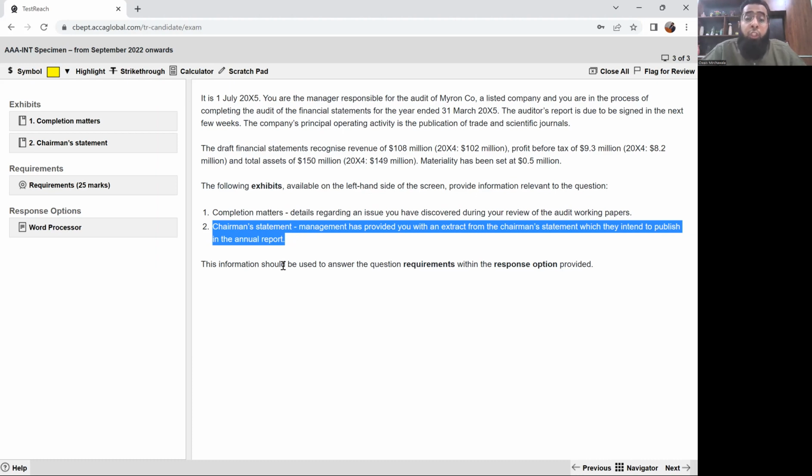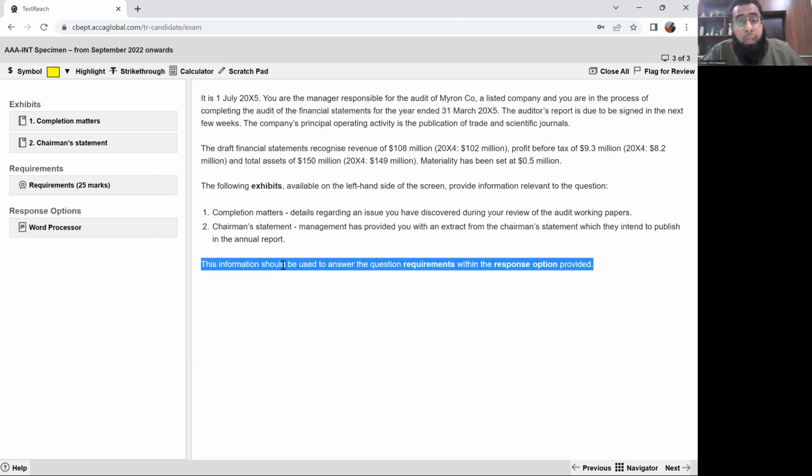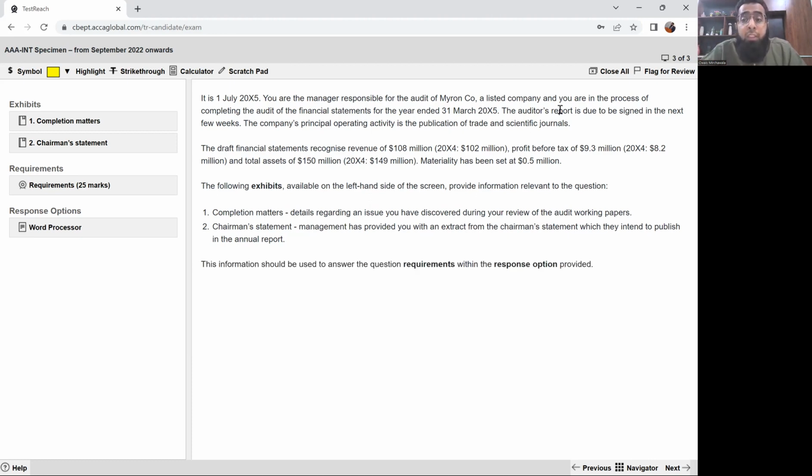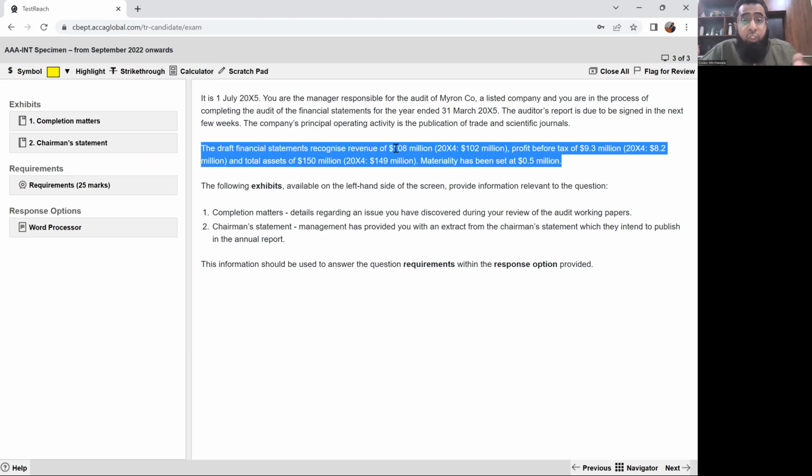The information should be used to answer the question requirement. So this was an introduction of the question, which tells us that we are in the completion stage of the audit. Then we are provided with the financial data, the materiality level and the 2 exhibits.